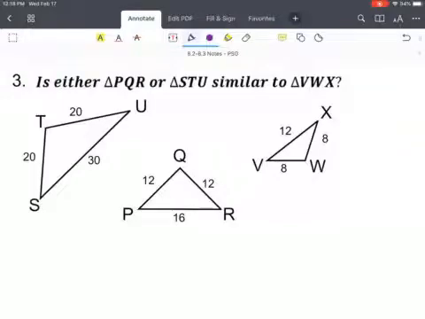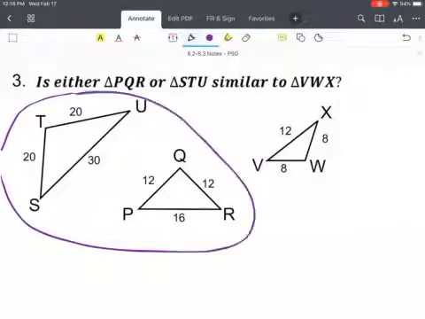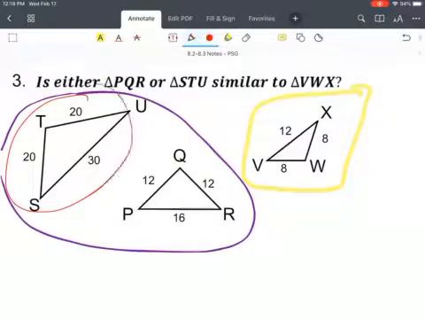Now, looking at these three triangles, it says are either one of PQR or STU, so are either one of these two similar to the last one? So let's do this first one here. Compare the corresponding sides.